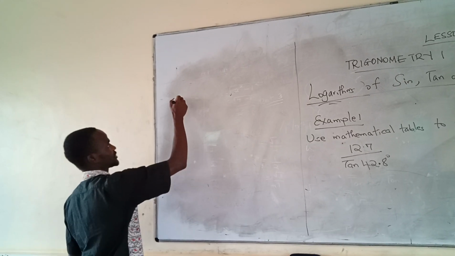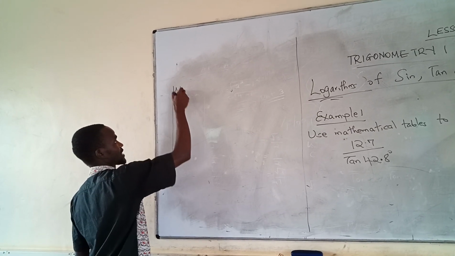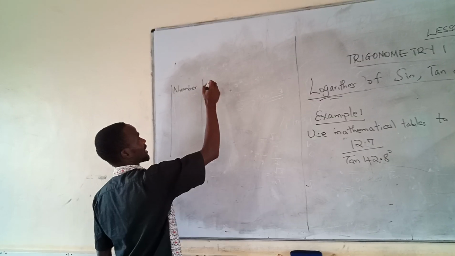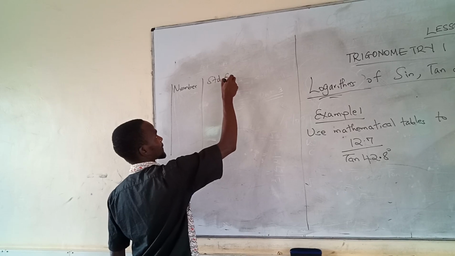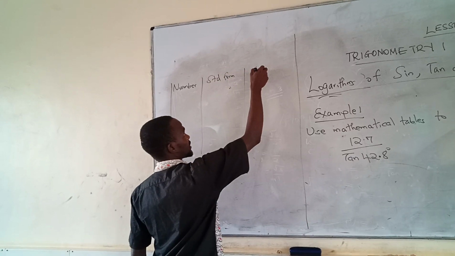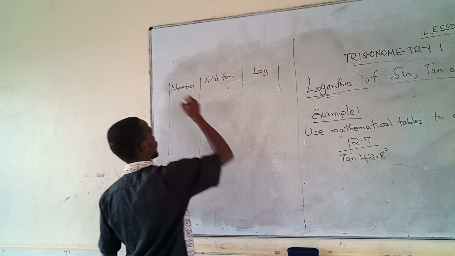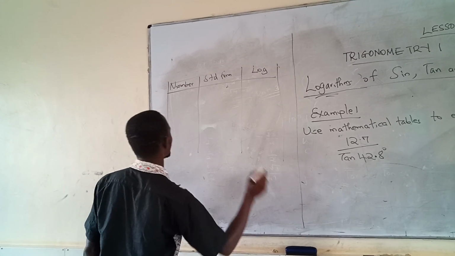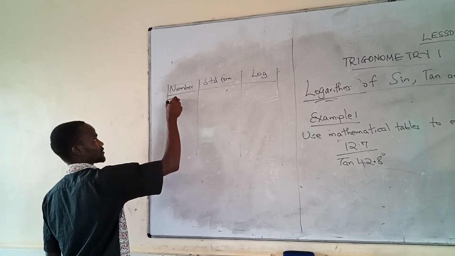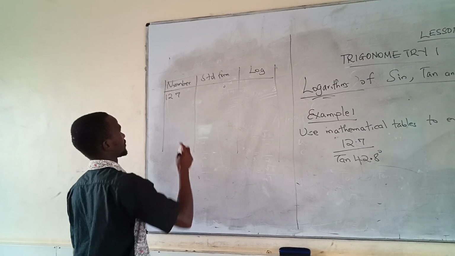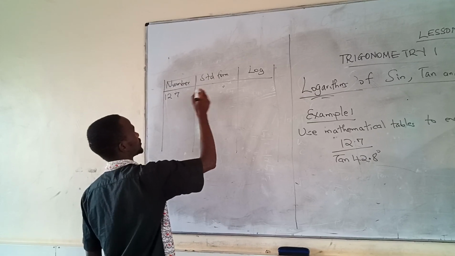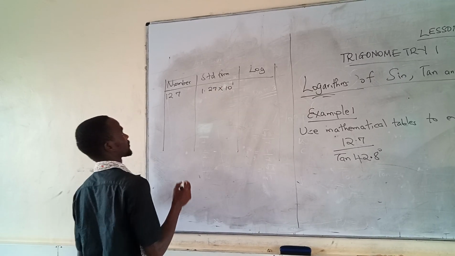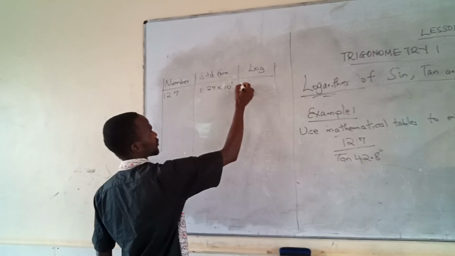Now remember the way we are arranging, we have number, we have the standard form, and then we have the log. So we have 12.7 here. In standard form, this will be 1.27 times 10 raised to power 1. We are moving towards the left.